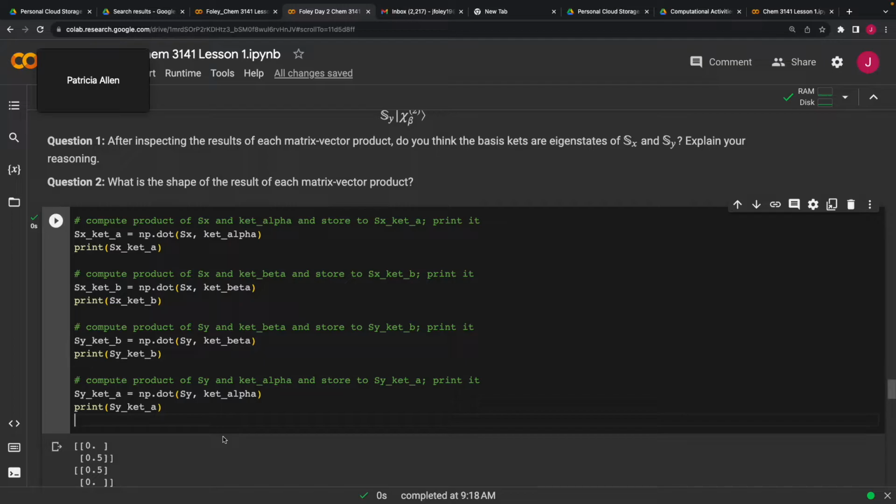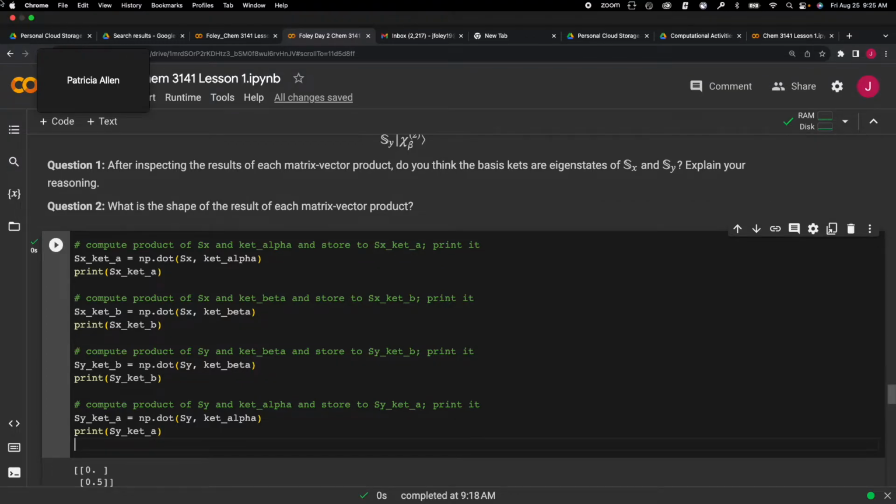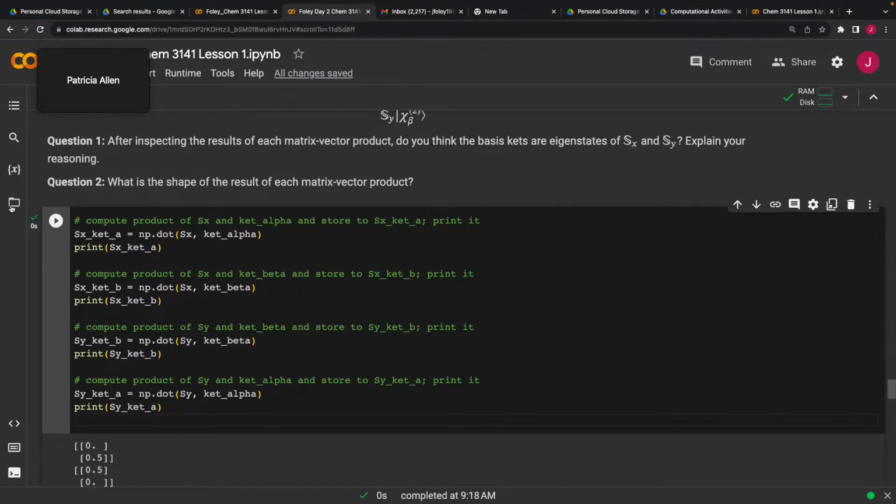All right, so what has actually happened to chi alpha? So chi alpha, SX, what happens to it? What is this telling you? This first result is SX on ket alpha. Which direction is it pointing after the multiplication? To the right, yeah.